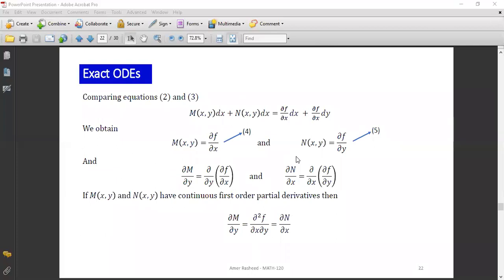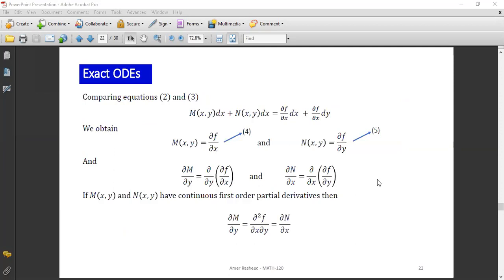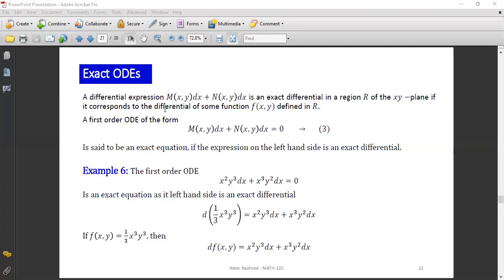The next is how to solve this exact differential equation. What is the procedure, or what is the criteria for a given equation to be an exact differential equation of first order? Now, if we compare 2 and 3, where is 3?